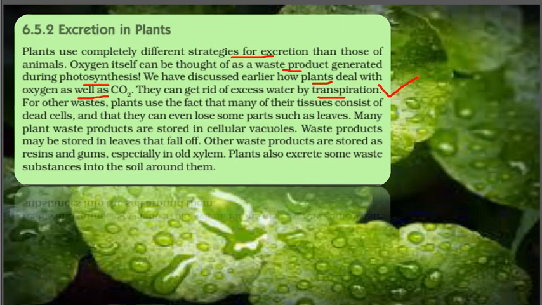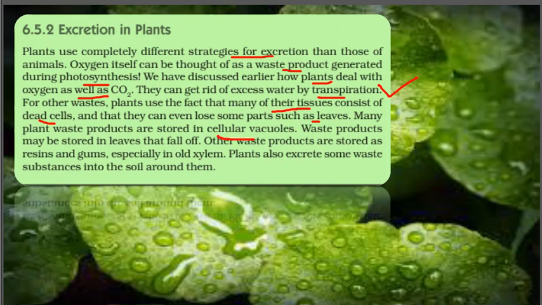Clear? So for other wastes, plants use the fact that many tissues contain dead cells. Yes, and they can even lose some parts because they contain dead cells, and for that they lose some parts like the leaves. Okay, and many plant waste products are stored in the cellular vacuole.